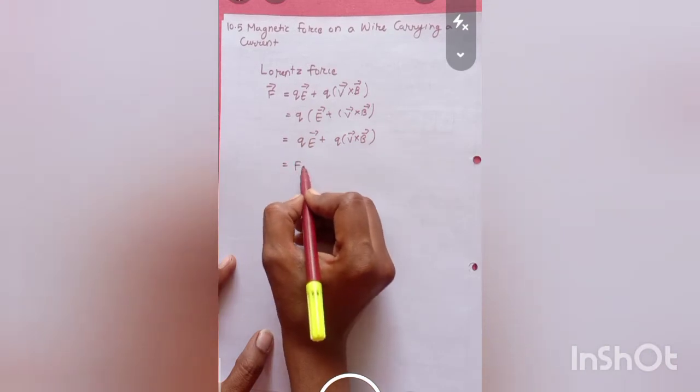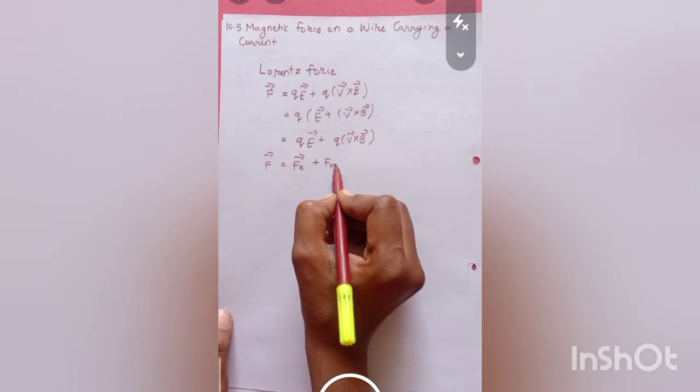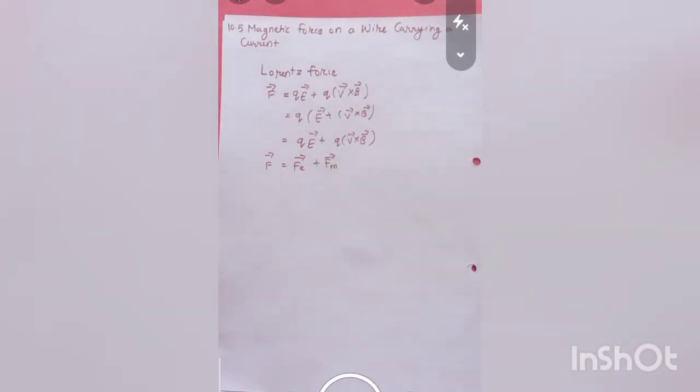So we can write Fe for the force due to the electric field plus Fm for the force due to the magnetic field. This is nothing but the Lorentz equation. By using this equation we can obtain the force on a current carrying wire.